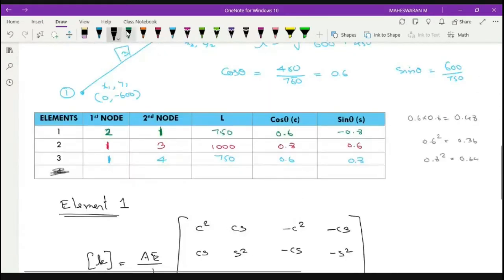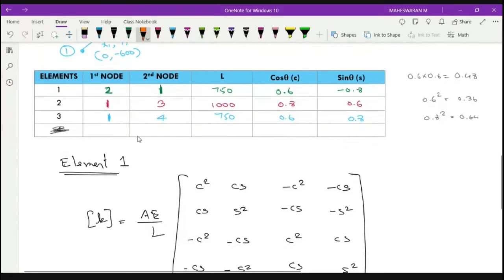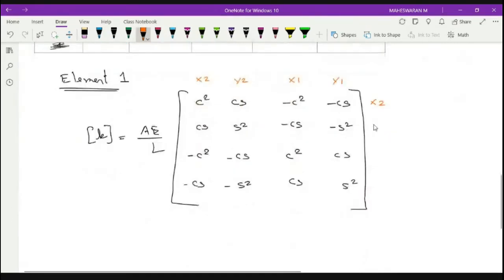Now I will address it. Note that the first node is ux2 and uy2, and the second node is x1 and y1. So I'm writing it here also: x2, y2, x1, y1. Think about it.